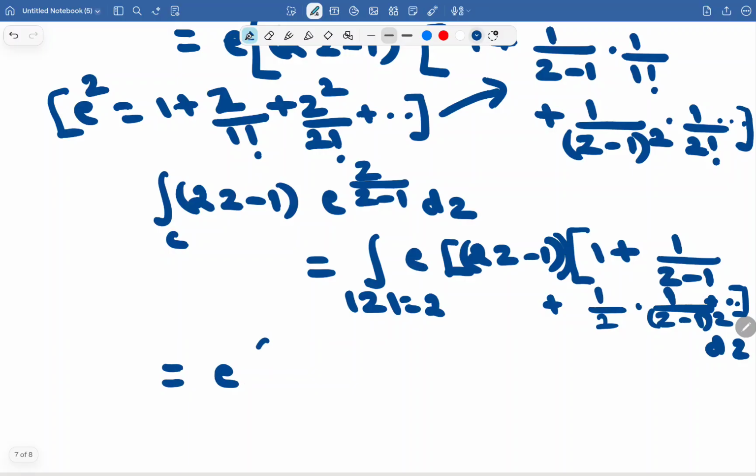That is e integral (2z minus 1) into dz.